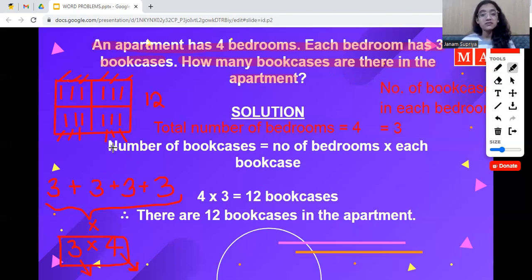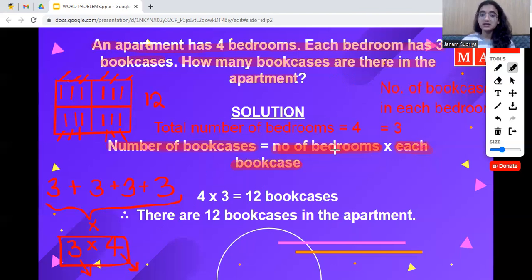Now, how will we find the number of bookcases in the whole apartment? Number of bookcases in the whole apartment is equal to total number of bedrooms times number of bookcases in each bedroom. The total number of bedrooms in the apartment is 4 and the number of bookcases in each bedroom is 3.